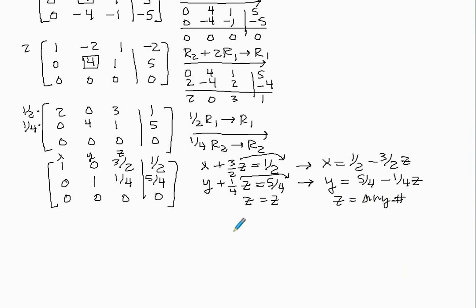And then usually we would write that solution as an ordered triple. So your x coordinate here is 1/2 minus 3/2 z. And your y coordinate is right here, 5/4 minus 1/4 z. And then your z coordinate, you just leave that as z.